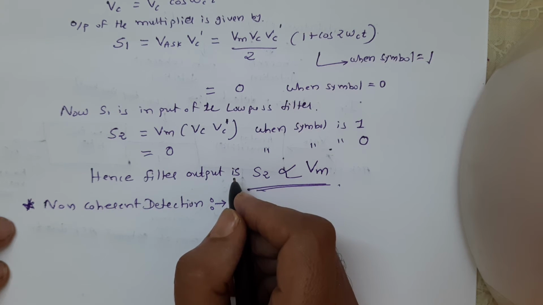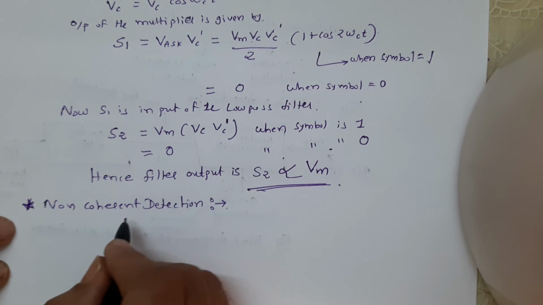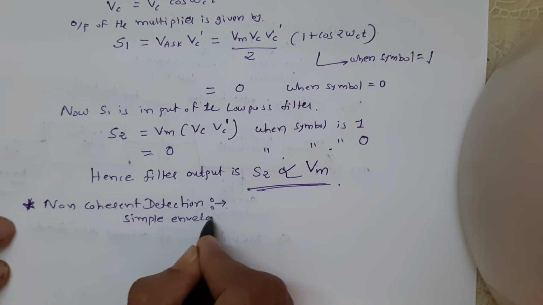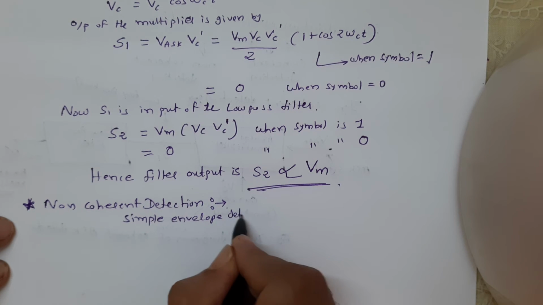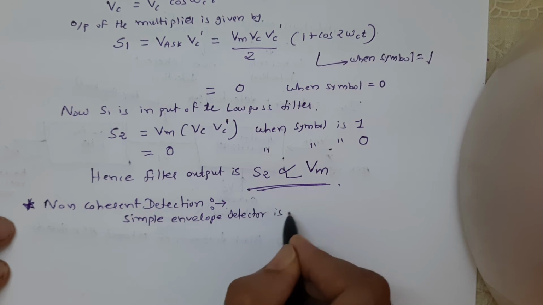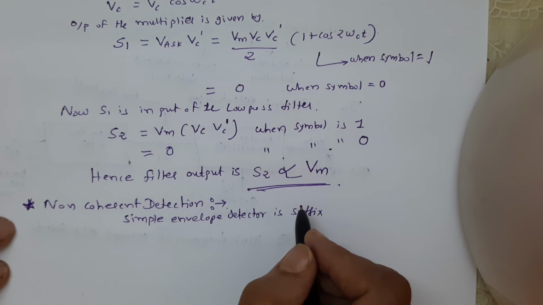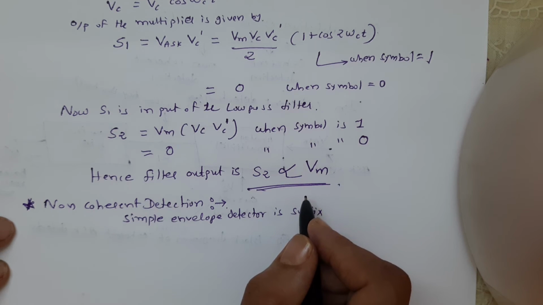In the case of ASK, a simple envelope detector will suffice. The incoming ASK signal is passed through an envelope detector which tracks the envelope of the ASK signal, which is nothing but the baseband message.